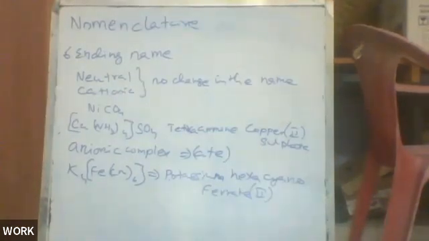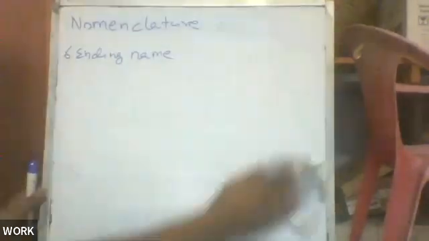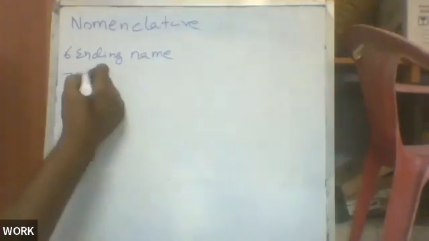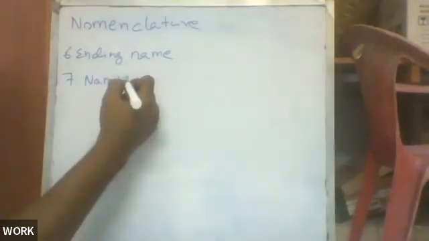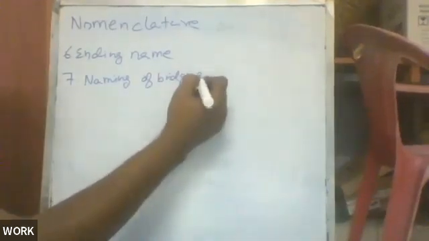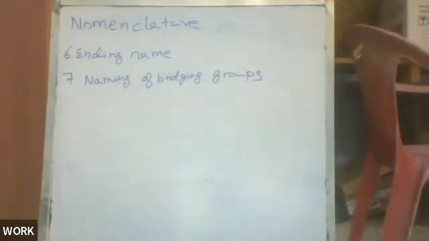And the last but not least, naming of bridging ligands. That means the ligand can donate 2 electrons to 2 metals, which is called a bridging ligand. Polynuclear complexes may have more than one metal atom.